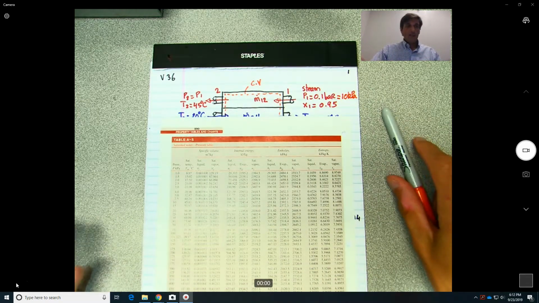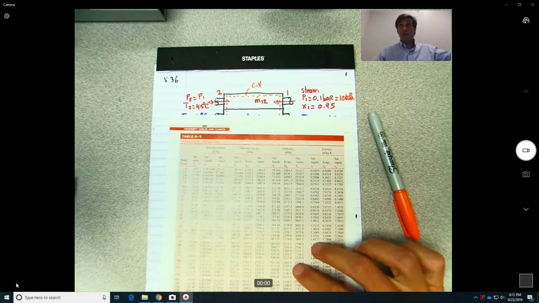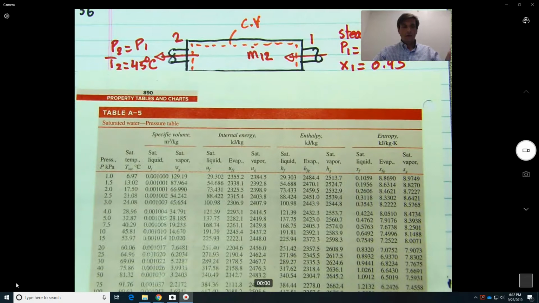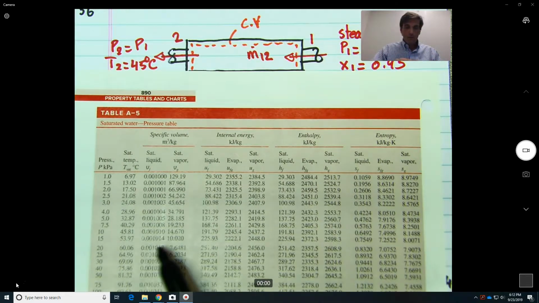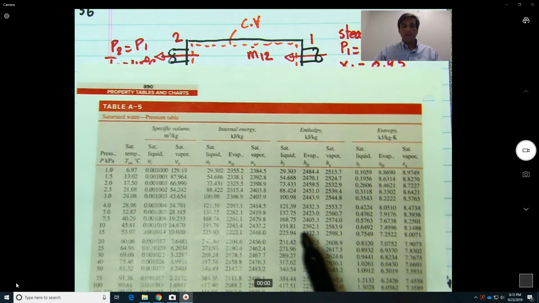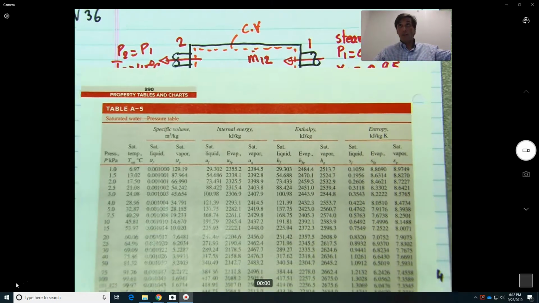So at 10 kilopascals, let me zoom in. Since it's a mixture, we need to find Hf, which would be 191.81, Hg 2583.9, and Hfg is 2392.1. Okay, so let me just write that information on the page.